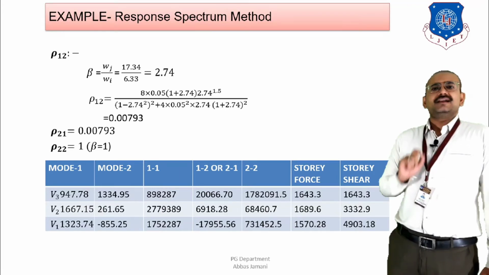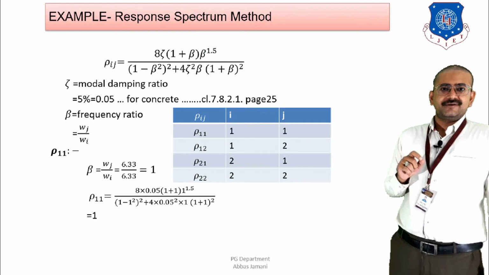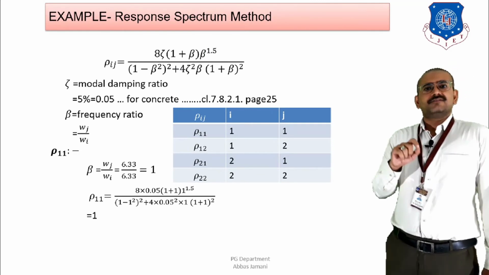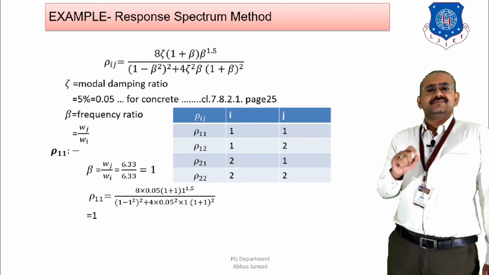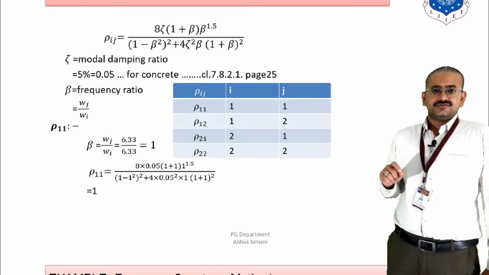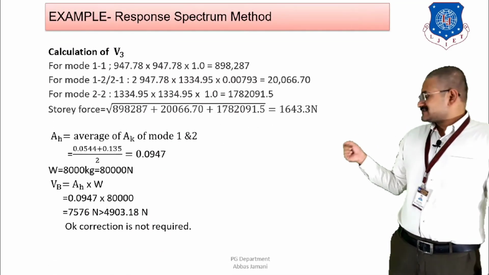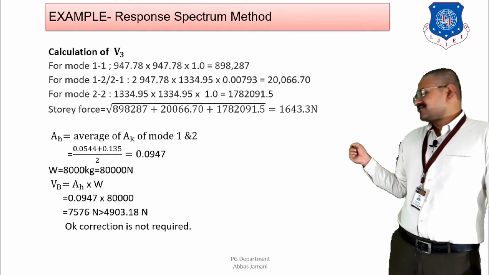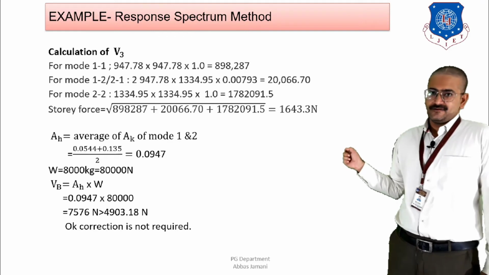Similarly, if I want to calculate for 1 2, then in case of 1 2, lambda i will be equal to lambda 1, lambda j will be equal to lambda 2, and rho ij will be equal to rho 1 2. Right? So if I substitute these values, the first value will be 947, the second value will be 1334, and the value of rho 1 2 will be equal to 0.079, that we have calculated.